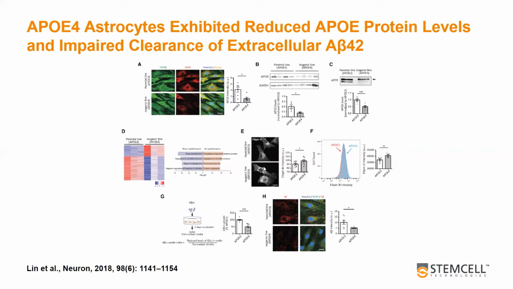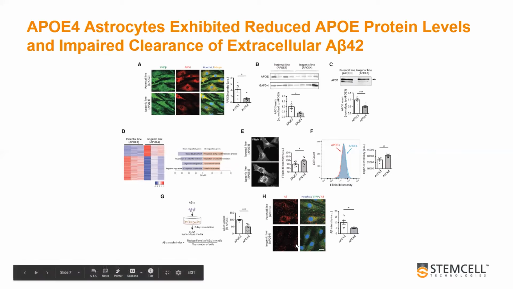Then they measured the cellular level of cholesterol in astrocytes and found stronger signals in ApoE4 versus ApoE3 astrocytes. Interestingly, their data here indicated that less A-beta was taken up by ApoE4 astrocytes.